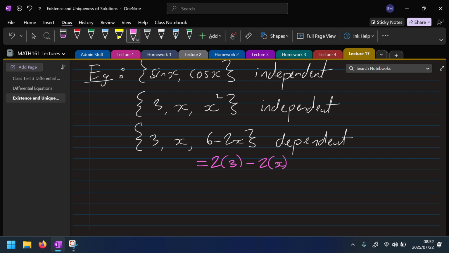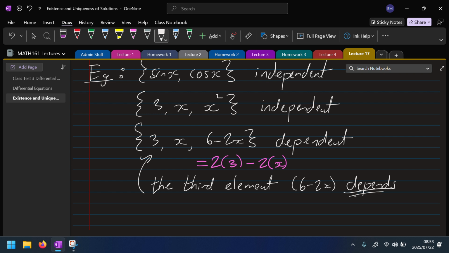So clearly it is not independent, right? It depends on the first two. So here, the third element, 6 minus 2x, depends on the first two, and so can't be independent. Right? Because if it depends on the first two, it can't be independent.